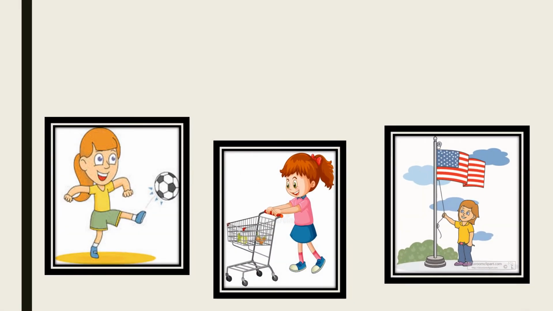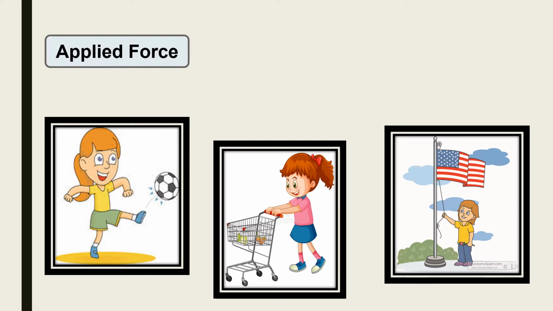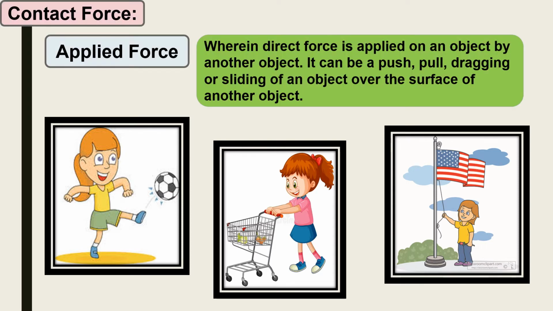So as you can see in the pictures, those are the examples of what you call applied force. So what is applied force? Wherein the direct force is applied on an object by another object. It can be push or pull and dragging or sliding of an object over the surface of another object.